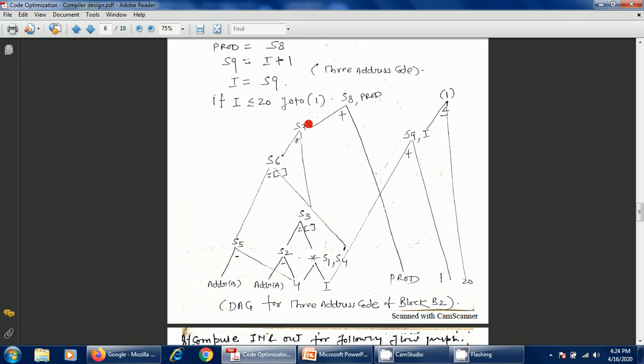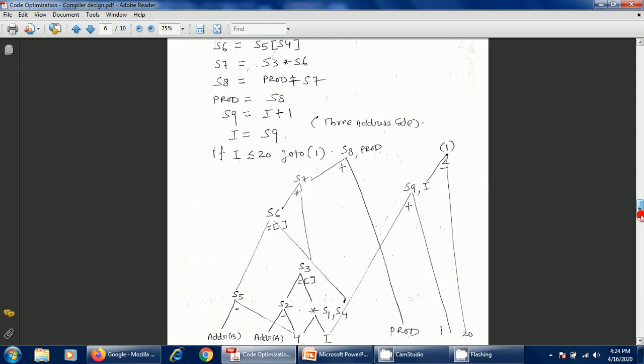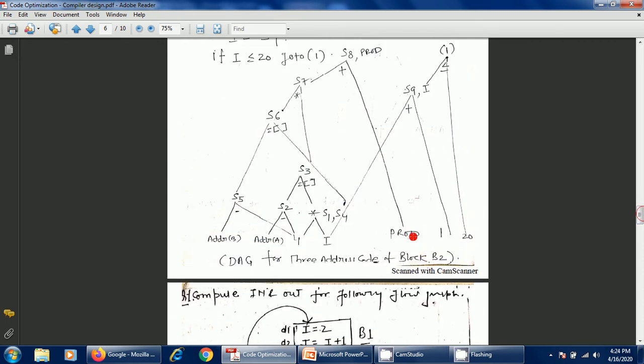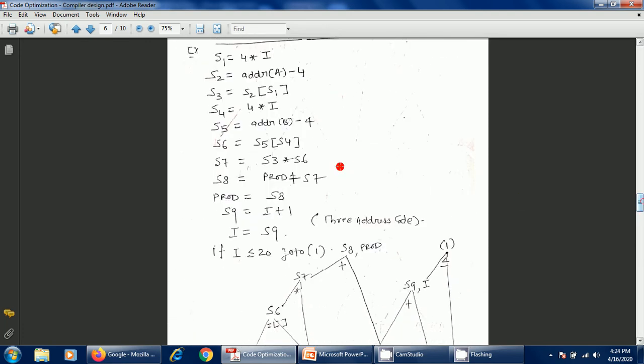Now next statement, S8 equal to product plus S7. Product and S7 are the operands, and this operator symbol plus is labeled with node S8, because product plus S7 is assigned to S8.